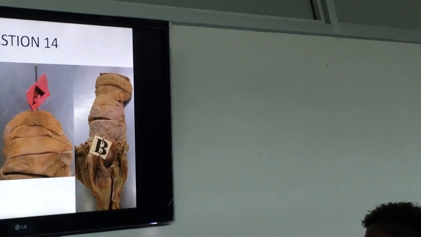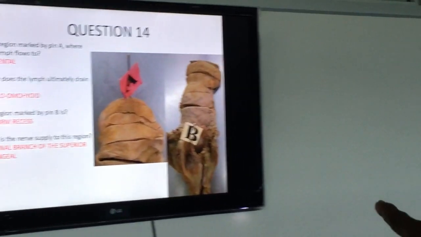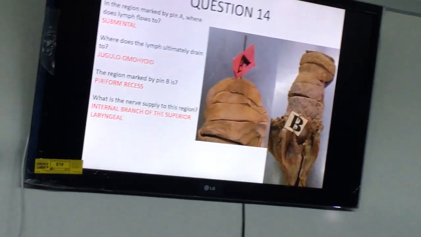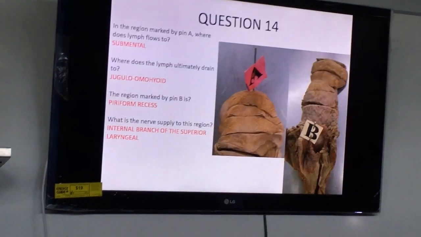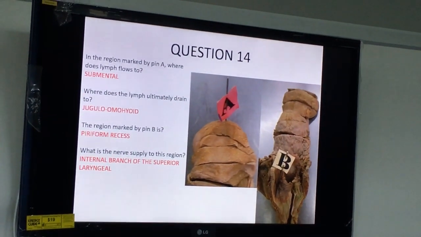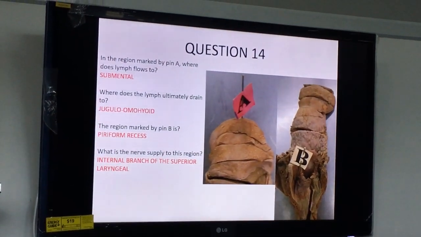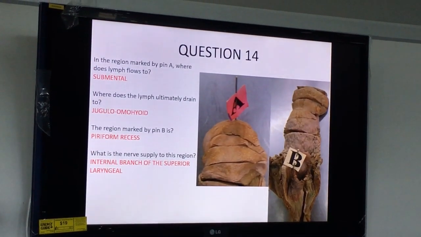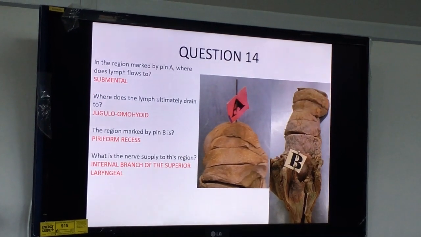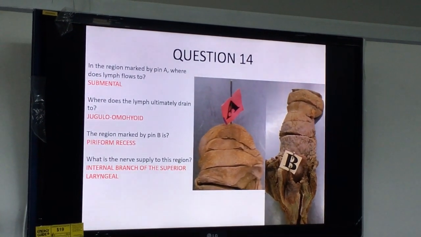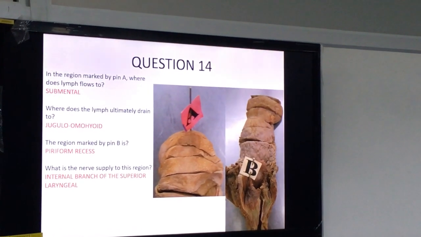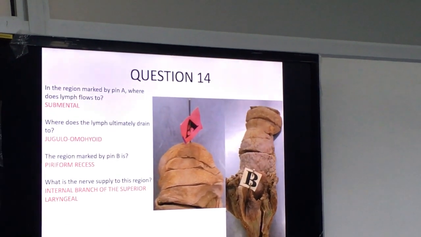Look, you see that quadrangular membrane you're talking about? The upper border is the aryepiglottic fold. So what's on the outside? Just put your finger somewhere for me.